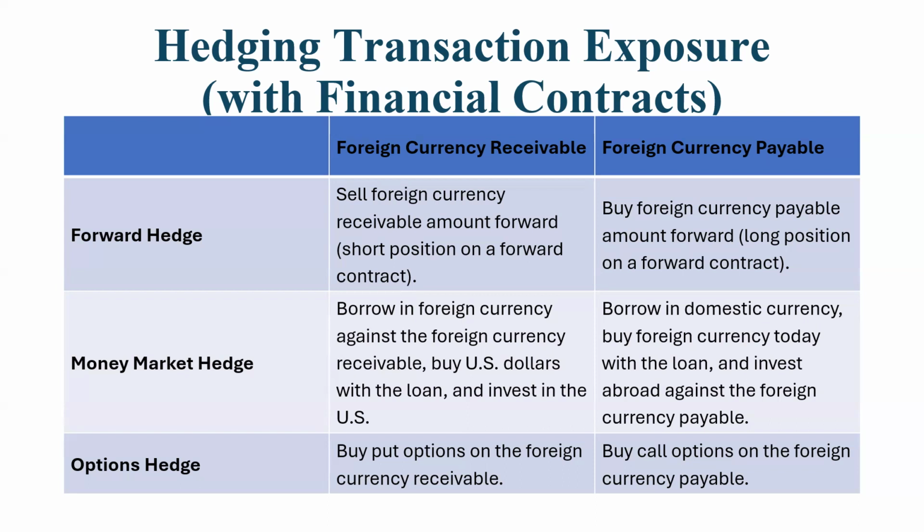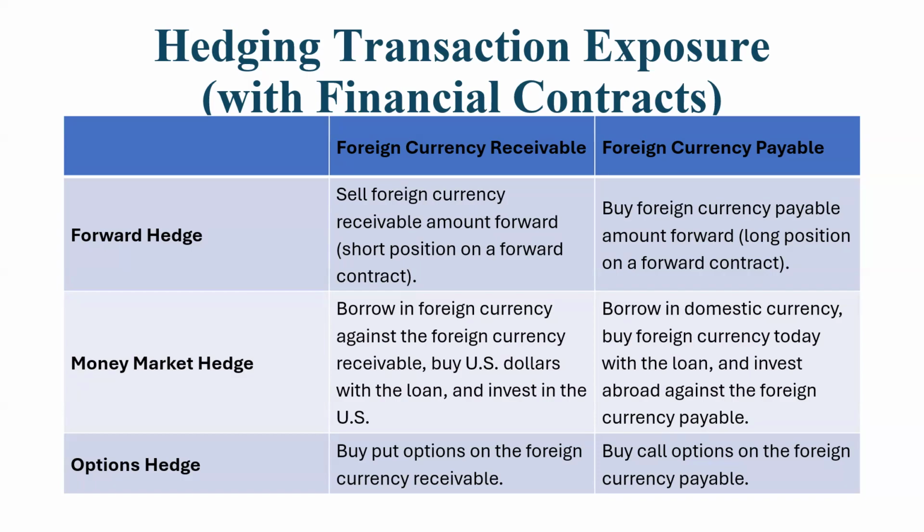Now let's look at the use of options to hedge transaction exposure. For a foreign currency receivable, a put option can be used to hedge the exposure. Note that the put option gives the right, but not obligation, to sell the foreign currency receivable at a specified price in the future.